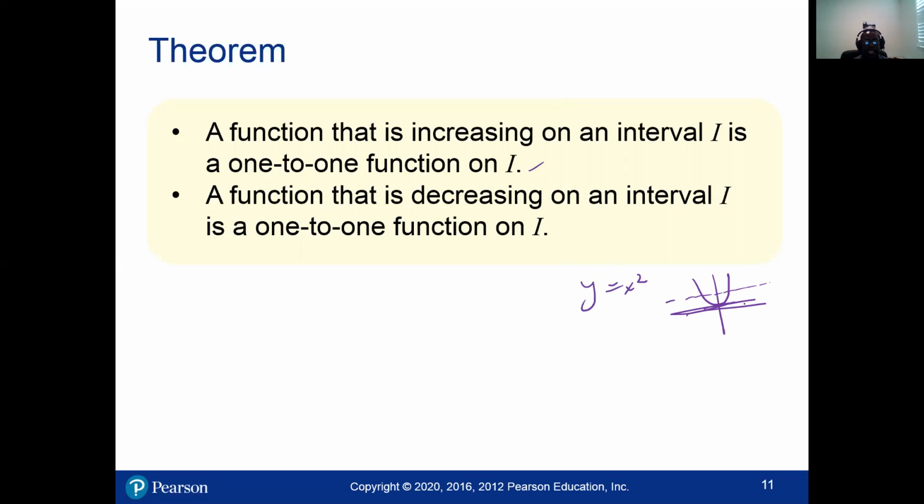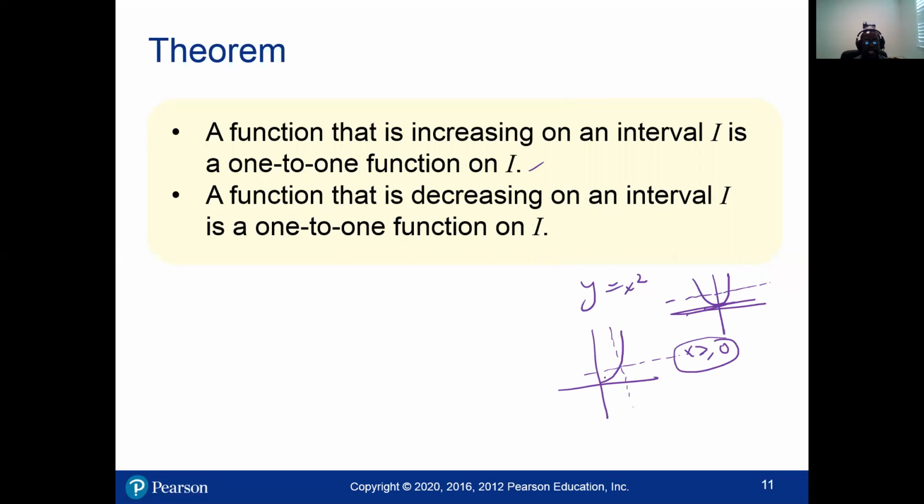But if you restrict the domain, if we consider x greater than 0, then that graph becomes just this part. Then it is going to pass the horizontal line test as well as the vertical line test. So it's a function and it's one-to-one if we restrict the domain.